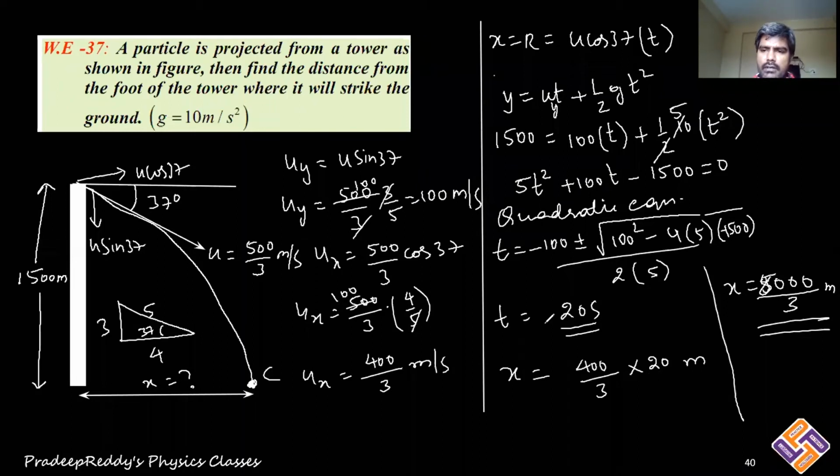Is it 8000 or 4000? Time taken, we get 20 seconds, and this is 4 by 5. 5 into 100, 400 divided by 3. 400 divided by 3 into time taken 20, 2 fours are 8. Right, that's correct.